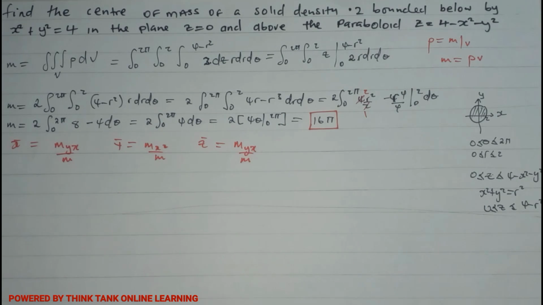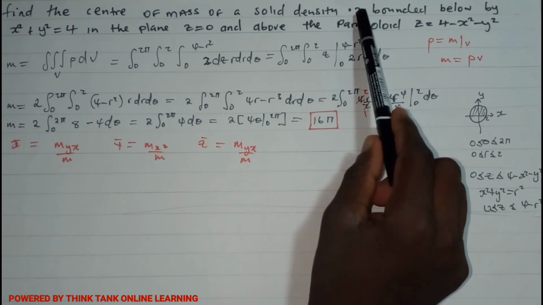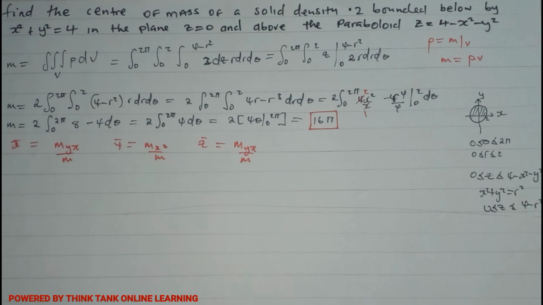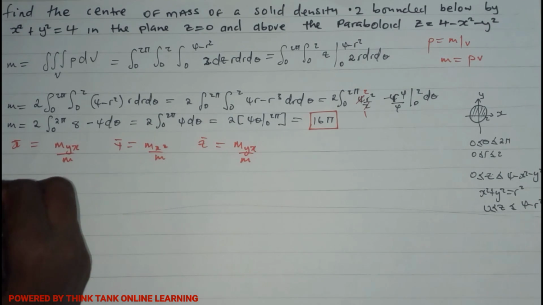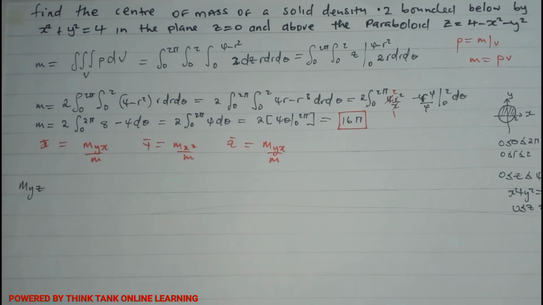I know it's a bit of a long process, so first I'm going to start with x. Let's say your density varies, say with x; if you can't figure it out, just put it inside. So for x, it's Myz, since you don't need x here.